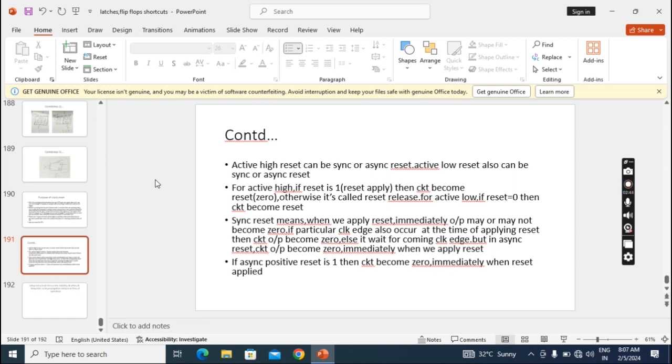But when we apply 0 to the positive reset, the circuit won't become reset. For positive reset when we apply 1, that is called reset applied. For positive reset when we apply 0, that is called reset released. Similarly for negative reset, if we apply 0, the circuit becomes reset.